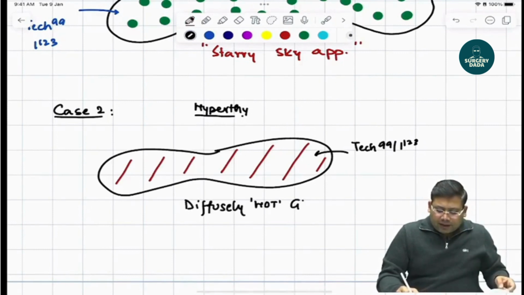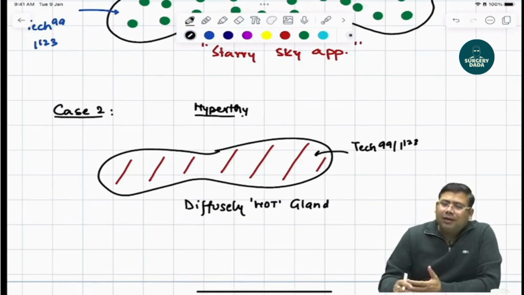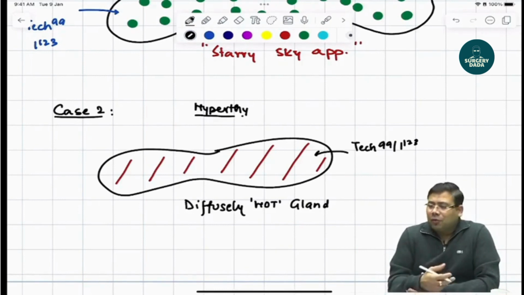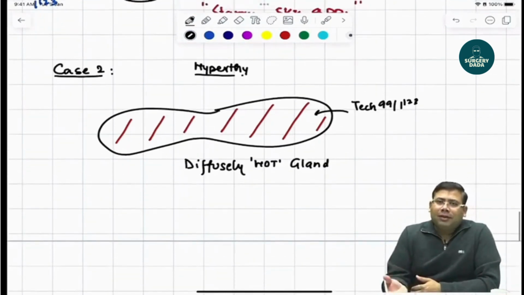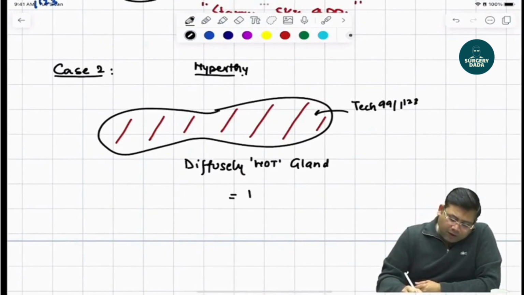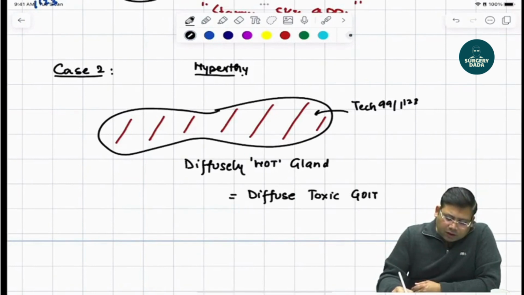The complete gland is hot. So what does this mean? The gland is increasing in size. So goiter, it is hot. That means that it's a diffuse toxic goiter or Graves' disease, and this is very, very simple. So this is the concept of diffuse toxic goiter, or the classical Graves' disease.